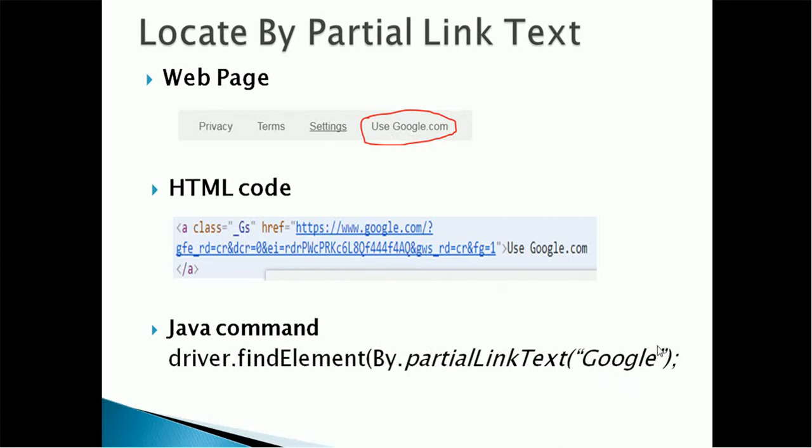If any of the links contain this text, then Selenium will just go with the first link text it identified. So irrespective of how many link texts are available, it will go ahead with the first one it finds and perform whatever operation you want. So you just need to ensure this when you are using partial link text.